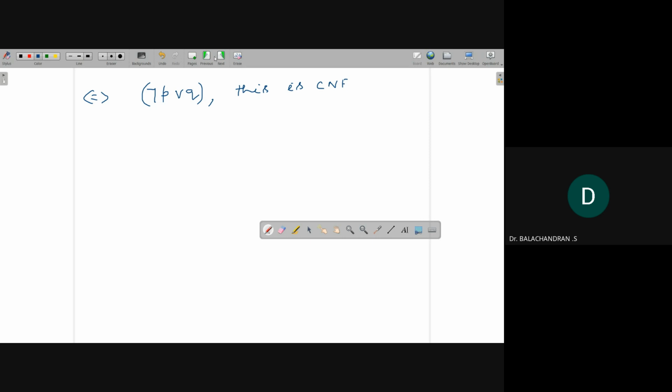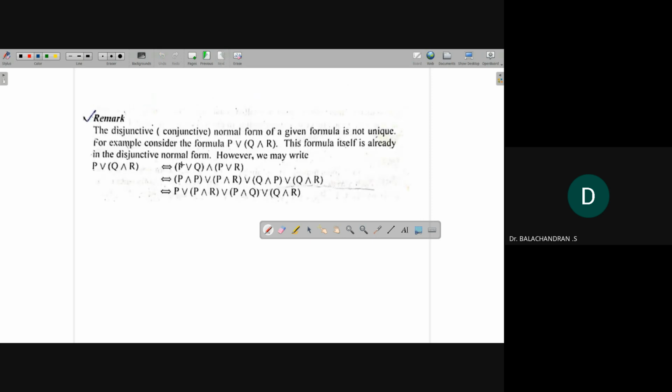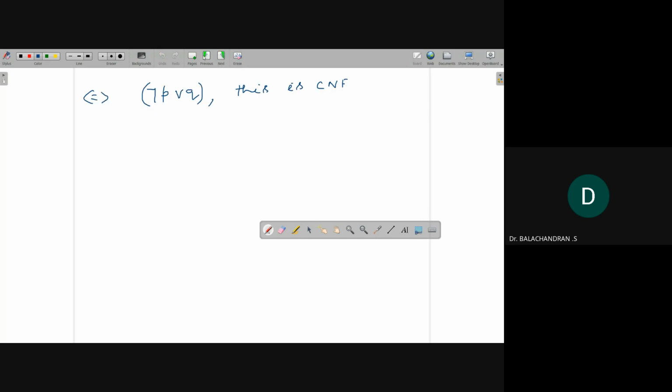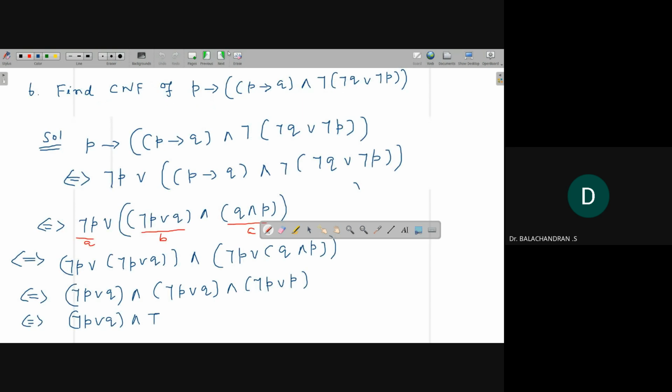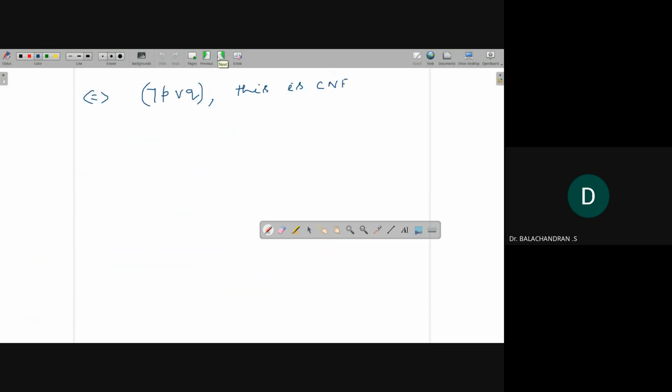Before going to the next problem, there is one more problem we will do. Before that, I will give one law, the extended distributive law.